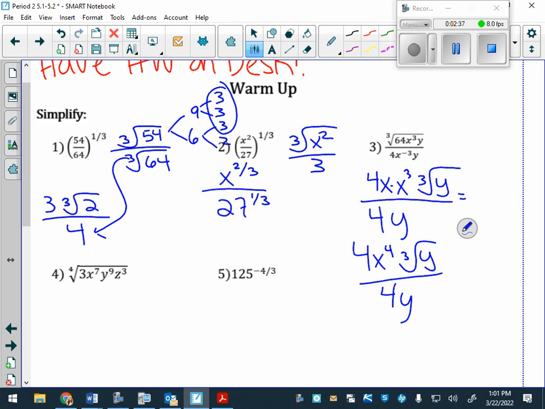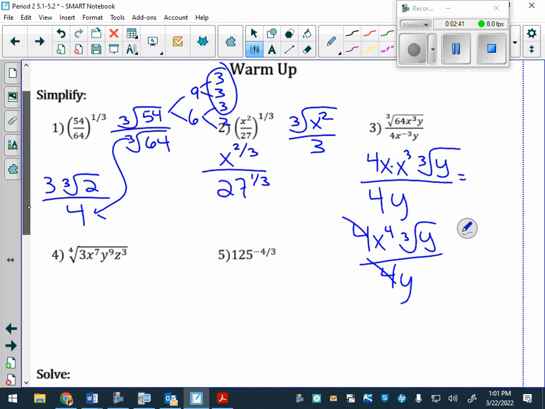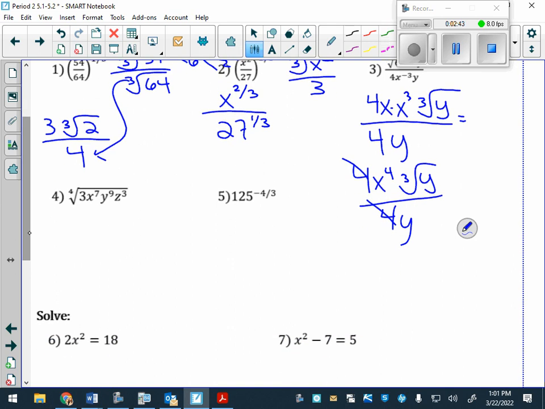The last thing you could do, and I'll move this up so you guys can see, is cross out the 4's. So x to the 4th cube root of y cubed over y. That's as far as you could go. In my last class, someone rewrote the cube root of y to the 1/3 and then tried to subtract. You're back to square one.